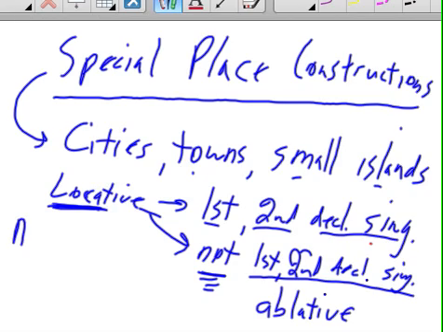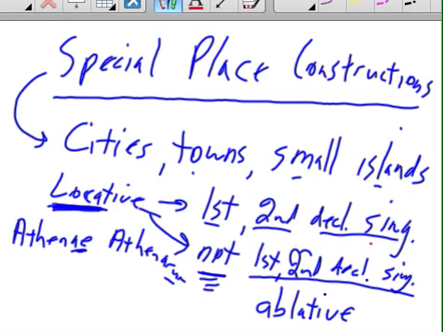So let's consider Athenae, Athenarum. That is our first declension plural place name. Why is it plural? It just is. But it is in English too. Athens, no surprise. So how do we say in Athens? How do we make the locative of Athens?